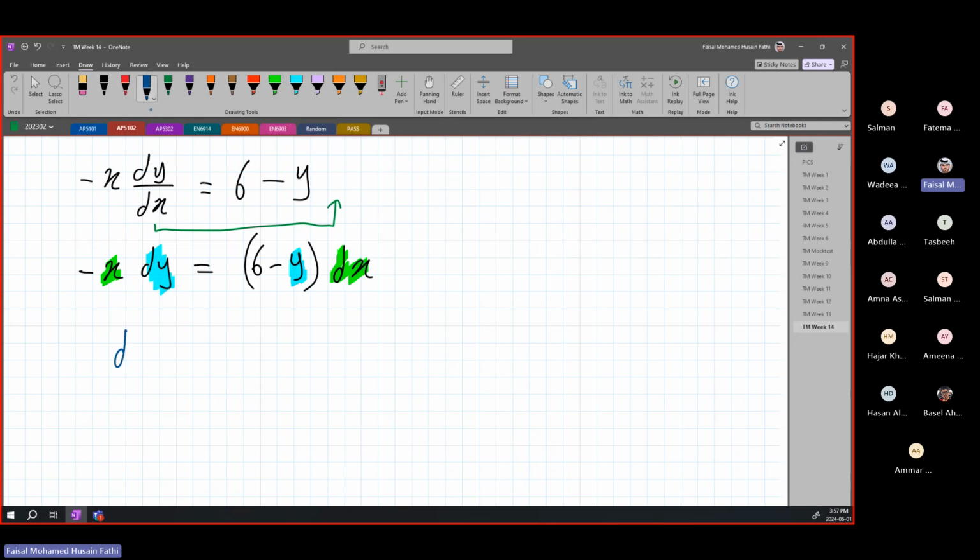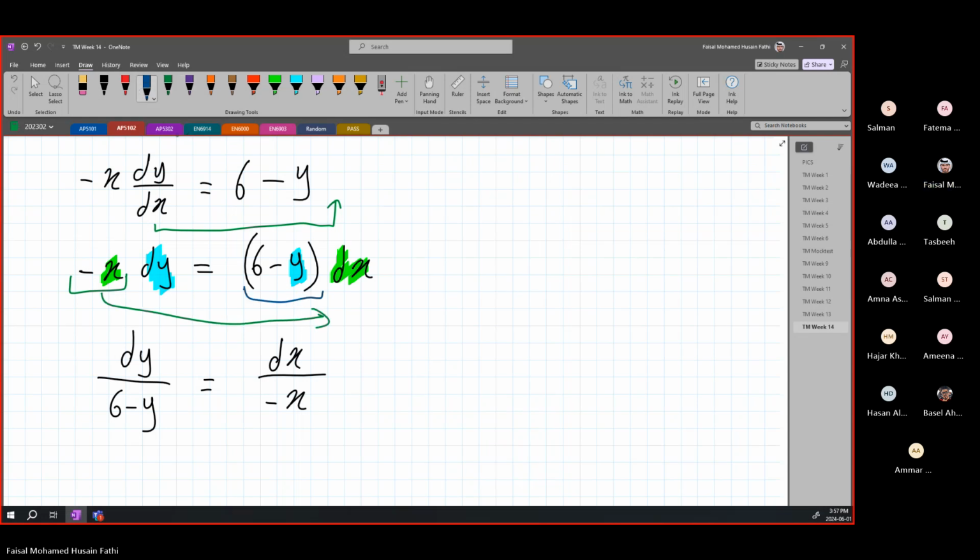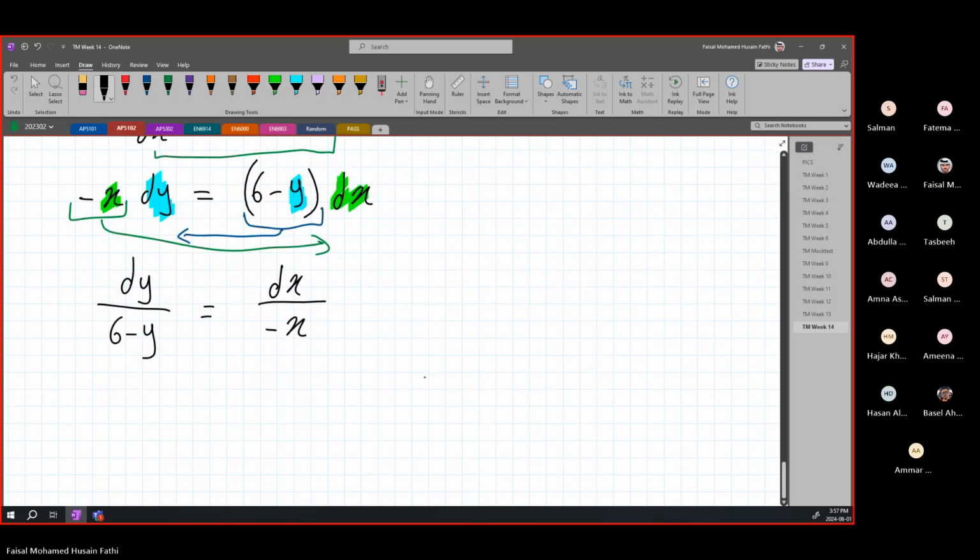So we're going to get dy over 6 minus y is equal to dx over minus x. Again, don't get confused. All I did was I took this down here, and I took this down to the other side. Okay? Is this clear?